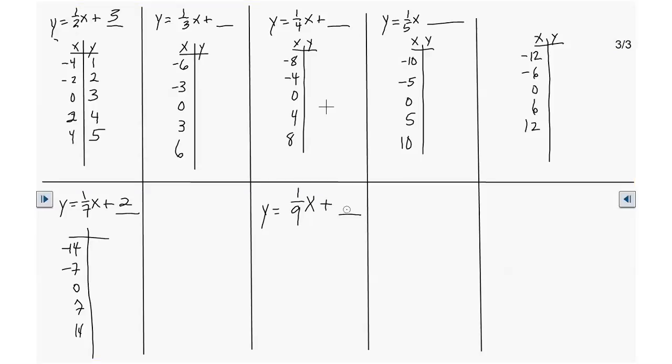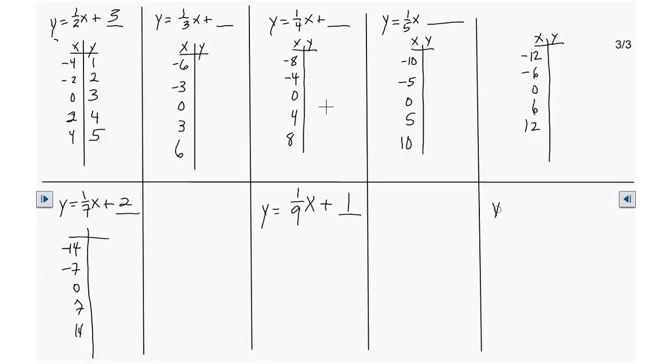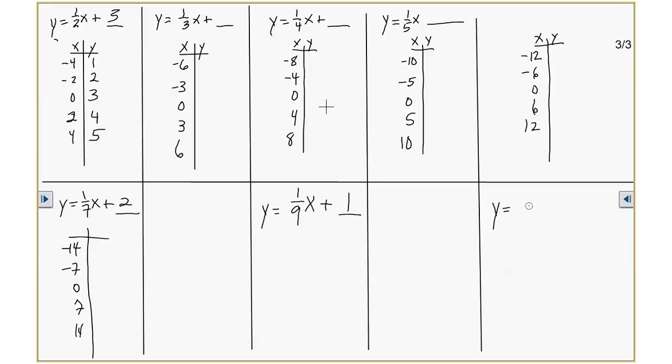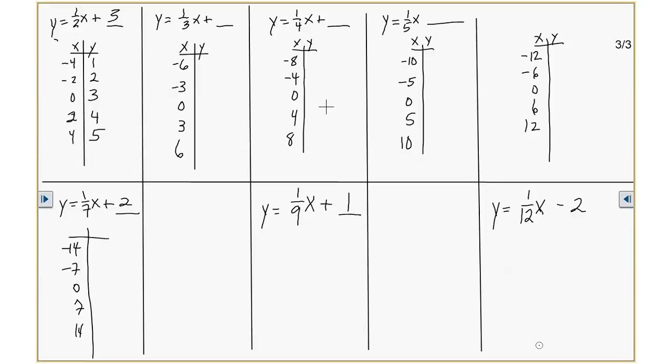And I'm going to pick a 1. And I'm going to jump a couple, and I'm going to say 12. Do those 3 on the bottom: 1/7, 1/9, and 1/12.